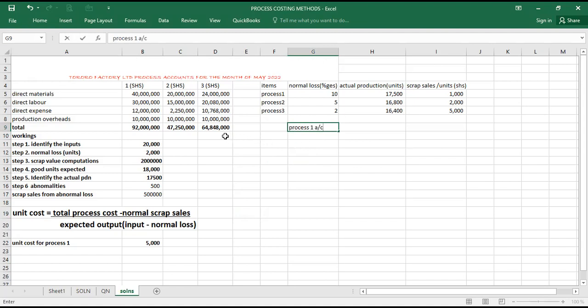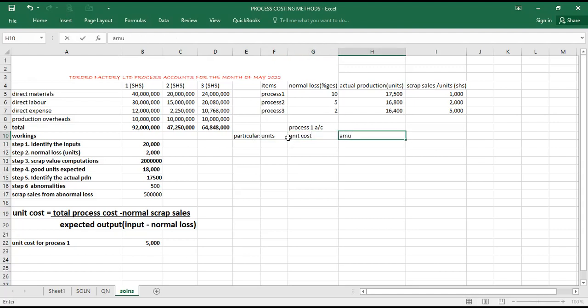We have a column for particulars, the units, the unit cost or cost per unit, and then the amount.